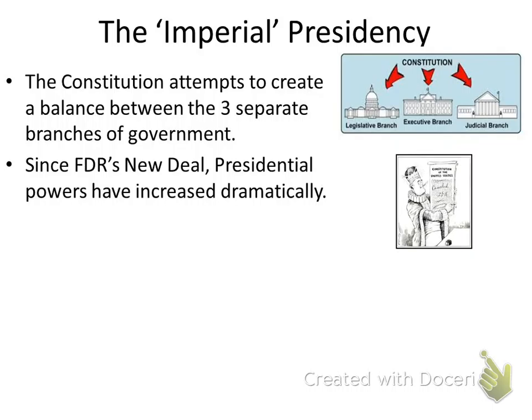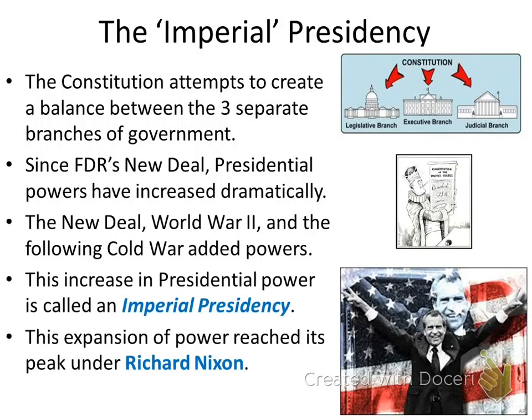Let's move on to our next bit there. There we go. And so, looking at our third bullet, the New Deal, World War II, and the Cold War added to the powers of the presidency. And again, as we have discussed, whenever there is a crisis within America, in the case of the Great Depression, you had the New Deal.